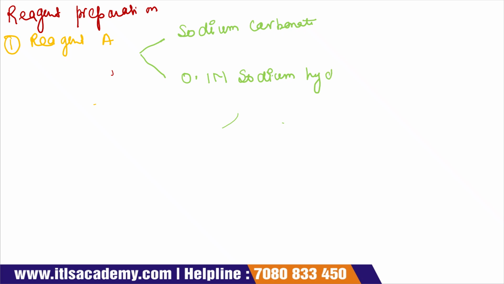How we prepare it? For this, you have to visit our YouTube channel and see the solution preparation video. First of all, we prepare 0.1 normal sodium hydroxide in 100 ml.